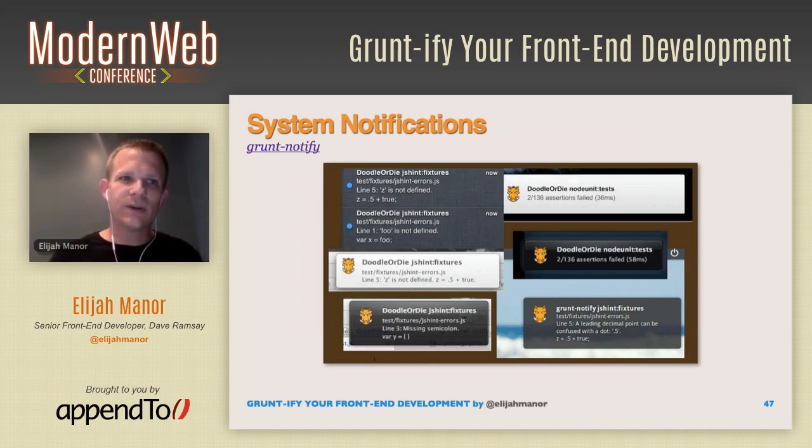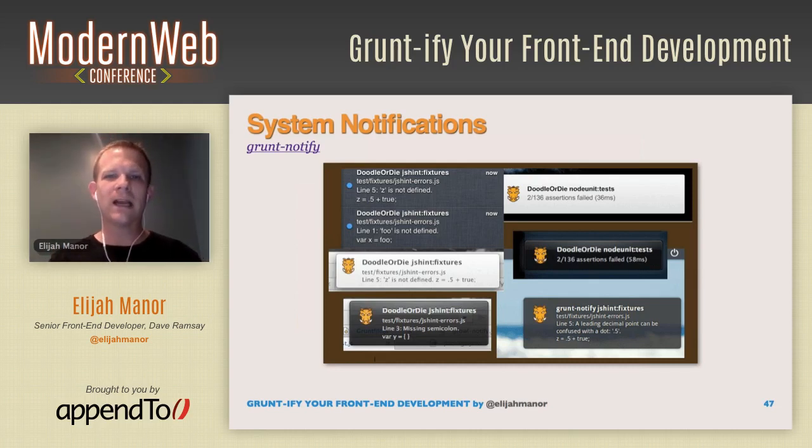Something I tend to do is also include the Grunt-notify plugin. I usually have a Grunt watch going on, so any file I change, it's going to lint my code either through JSHint and JSCS to look for the code standards, and then run the unit tests. And sometimes I don't always have that terminal in view, like it's behind a window, or I'm checking Twitter or whatever, and it fails. And sometimes I don't notice it failed.